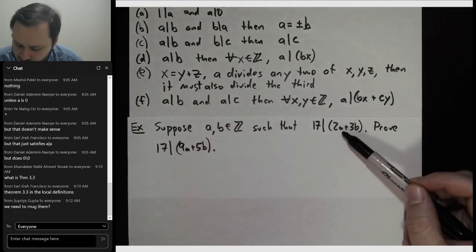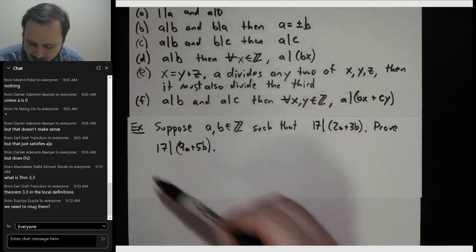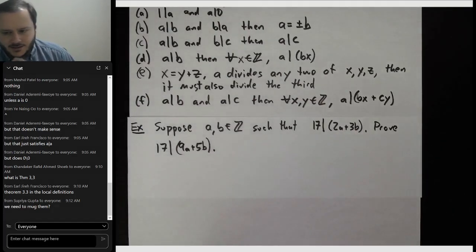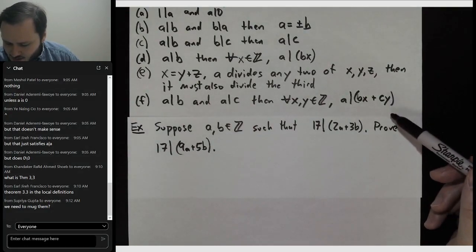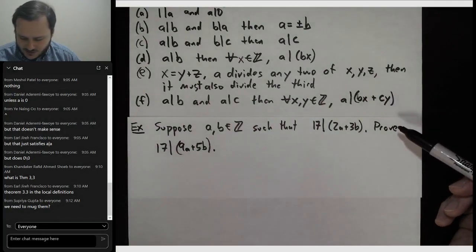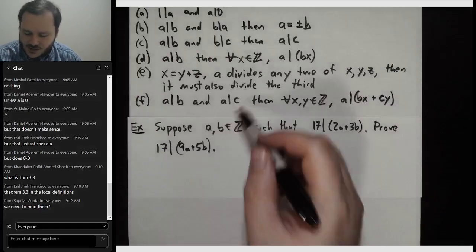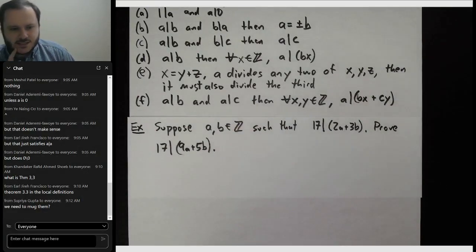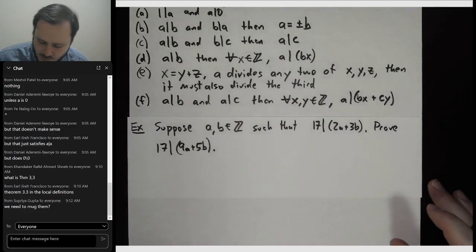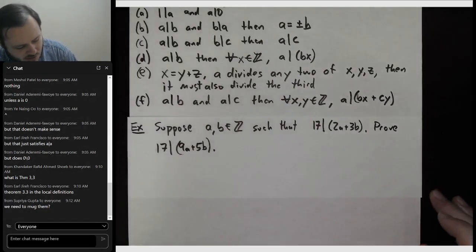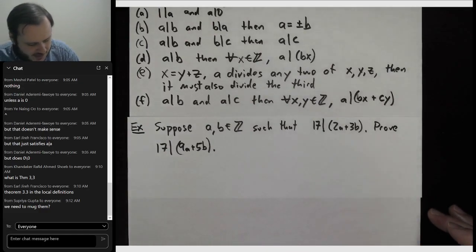But there's no integer I can multiply 2a by to end up with 9a. So that doesn't work. And then this kind of looks like 3.3f, but it's in the wrong direction. I have the conclusion, I don't have the premise. So that one doesn't help out. So the only thing you can do with these types of problems is play around a bit.